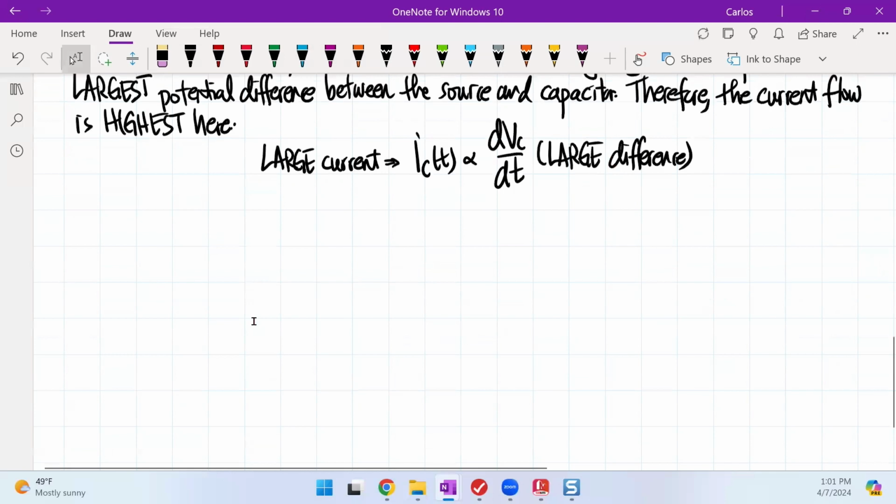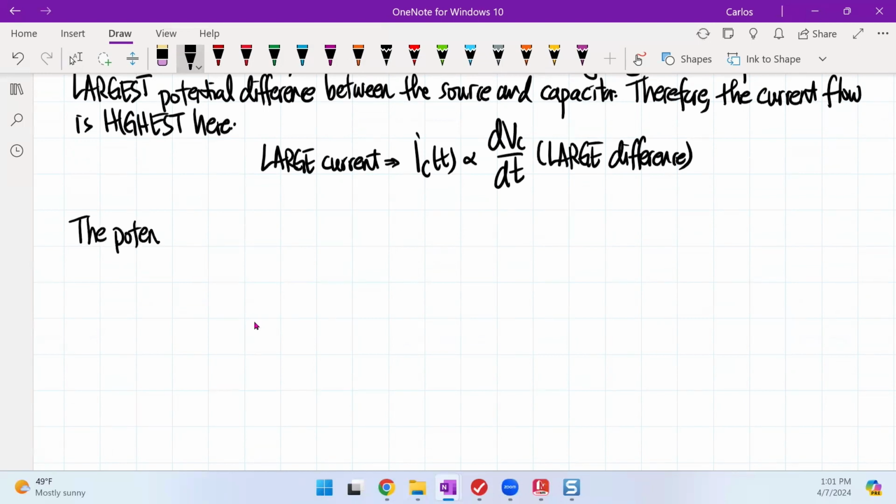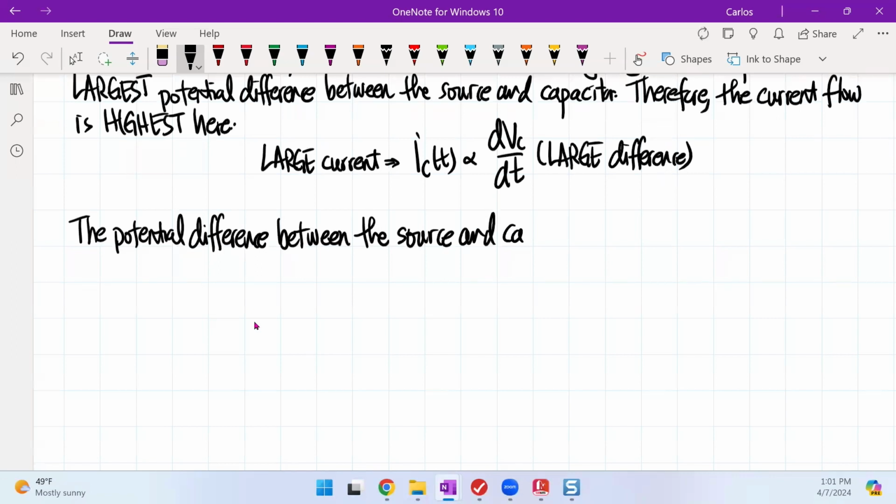So now we can summarize the same type of analysis that we did before. The potential difference between the source and capacitor is decreasing.